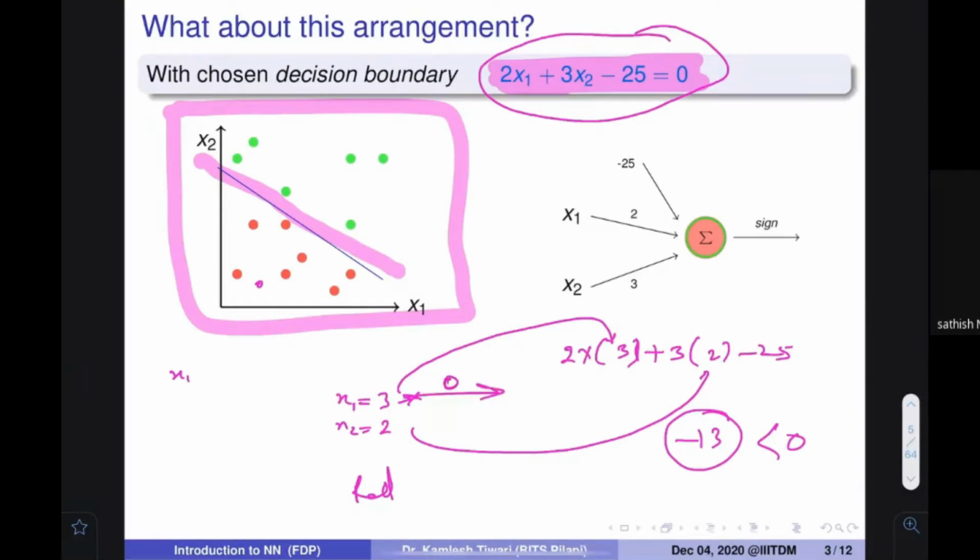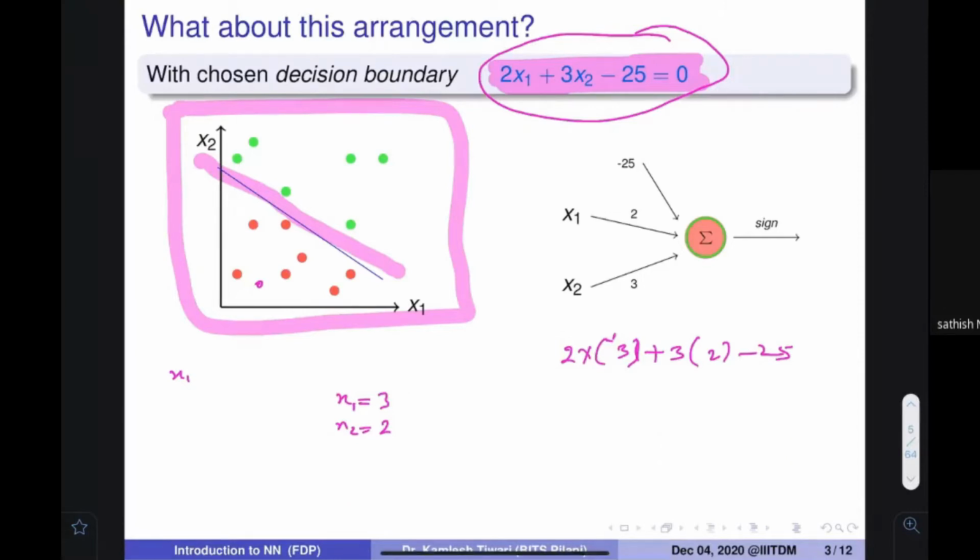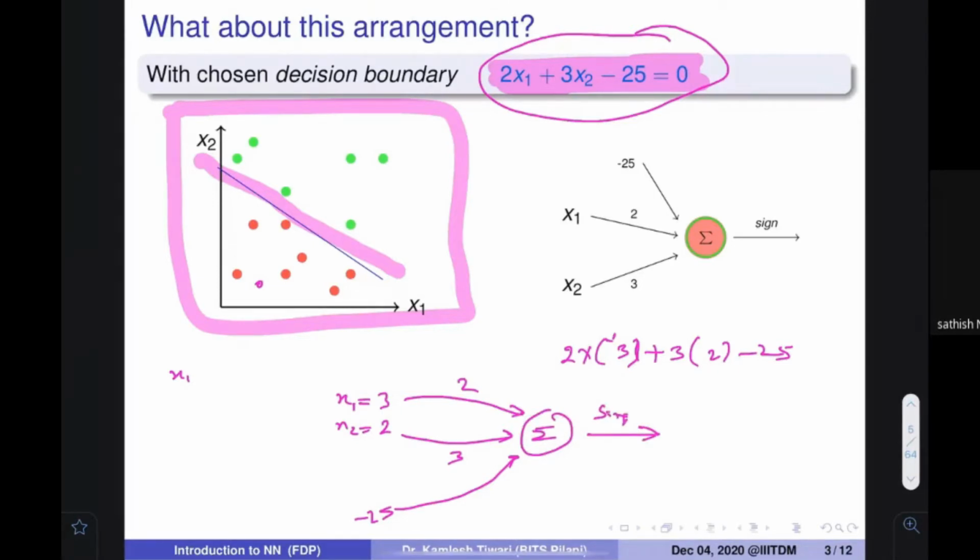Let me just clear it. This value is multiplied by 2, this value is multiplied by 3, and then there is another value, minus 25. And they are added, and then I do a thresholding on this side, trying to see what the sign is. This is what we are doing.